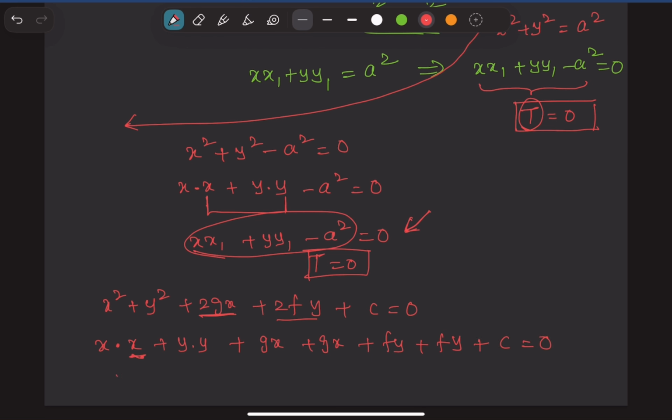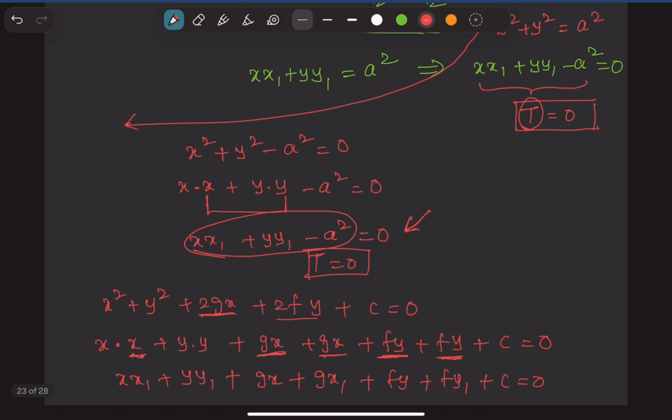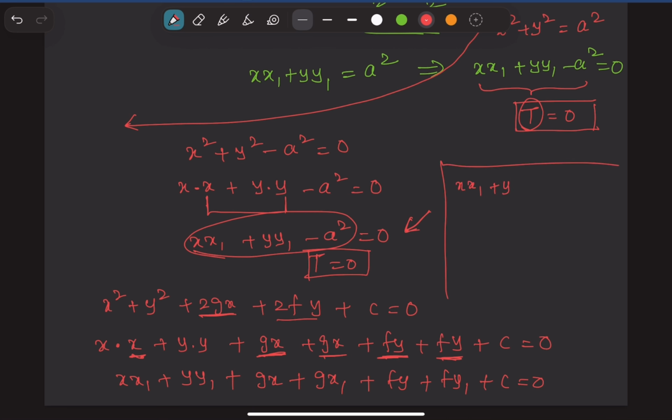Now replace one x with x1 and one y with y1, and similarly write this term as it is and replace the x in this term with x1. Write this term as it is and replace the y in this term with y1. Alright, so now if you rewrite that, it is simply x x1 plus y y1 plus g into (x plus x1) plus f into (y plus y1) plus c is equal to 0.